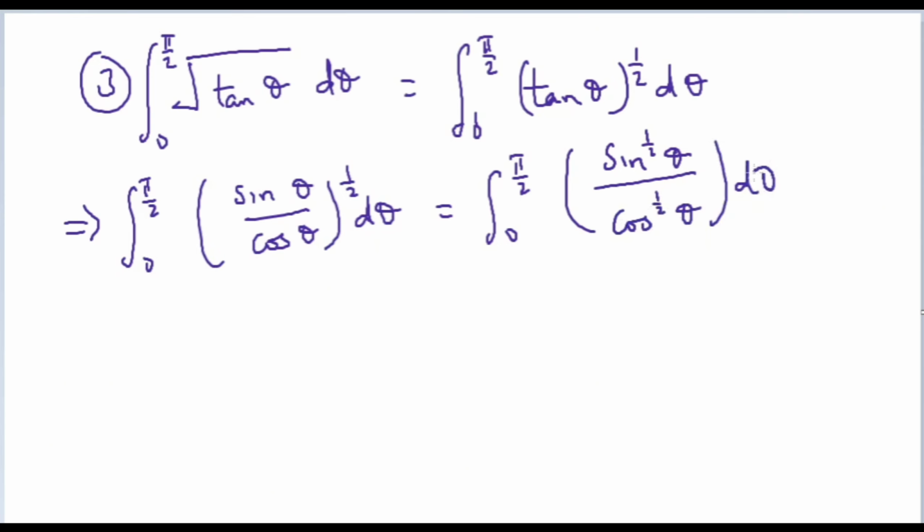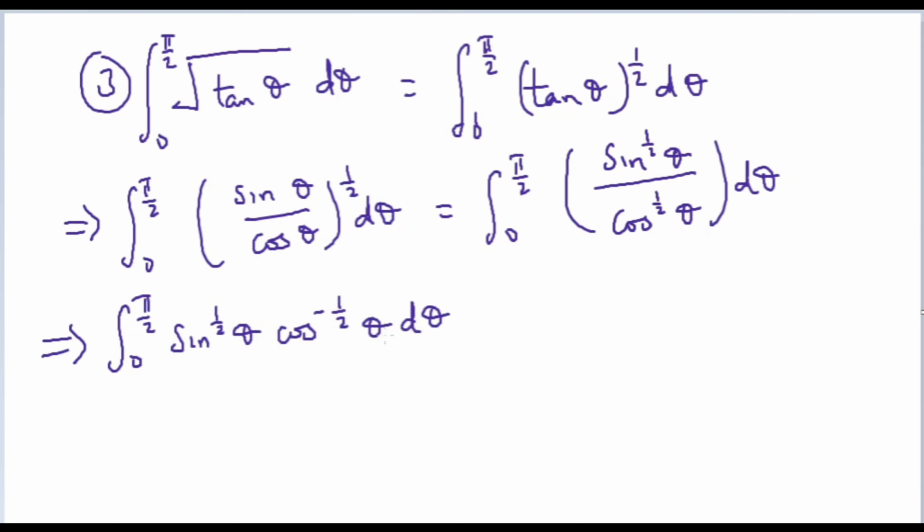Do you get what I'm trying to do? So if I bring up the cos as per the general polar form, it will look like sine raised to power half theta, cos raised to power minus 1 over 2 theta.